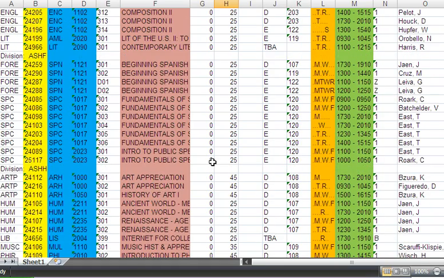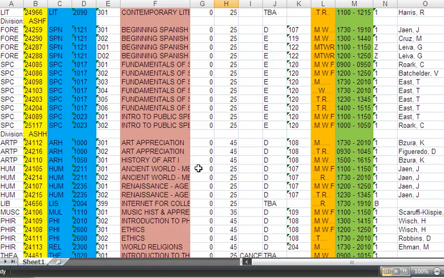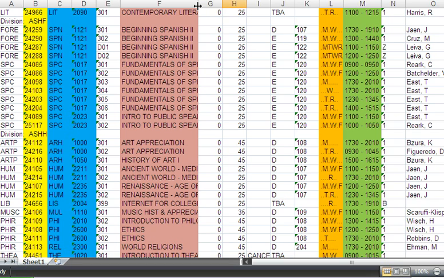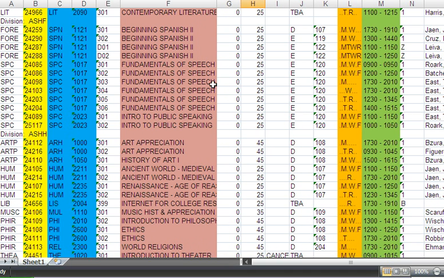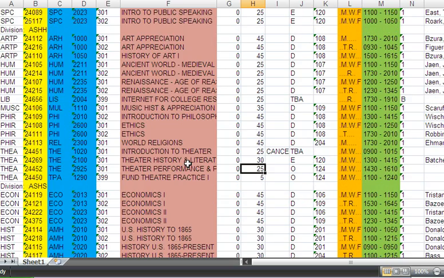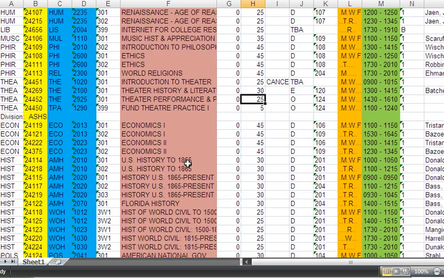So it is sort of slim pickings for you in terms of picking one class that's not a major core. What you want to know is, too, these fundamentals of speech that you can see right here. As I open it up a little more, that has a requirement of Composition 1. So you had to have taken that first. So any of those courses aren't available to you yet.